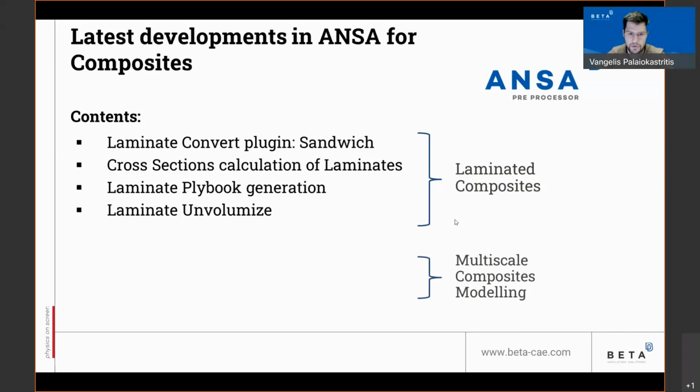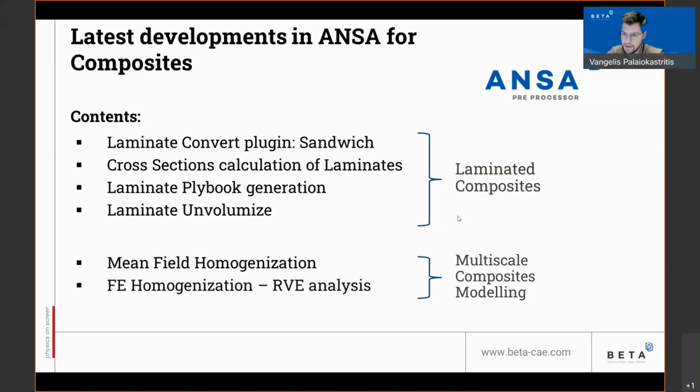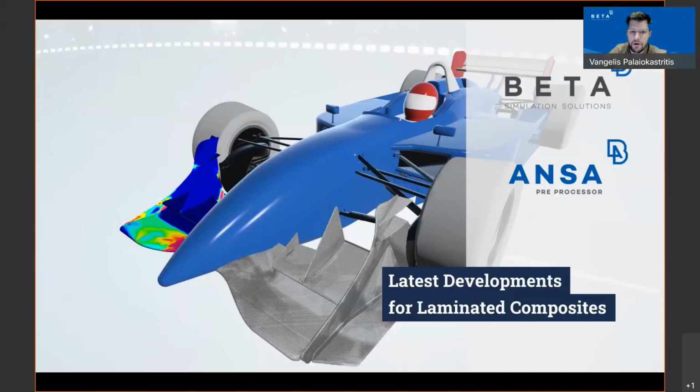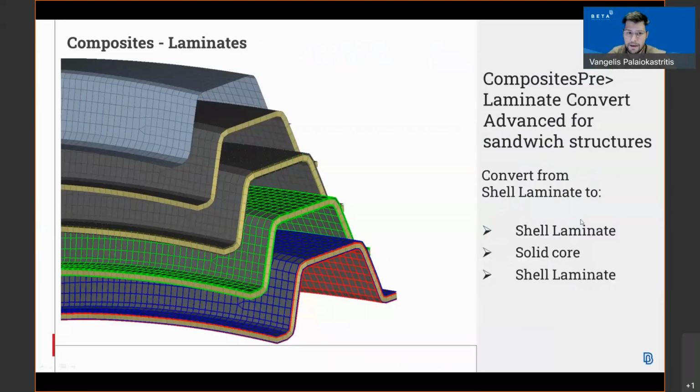Afterwards, we are going to see solutions for multi-scale material modeling of composites, for the mean field homogenization, and FE homogenization. All the functions will be shown through slides and will be followed by a live demo.